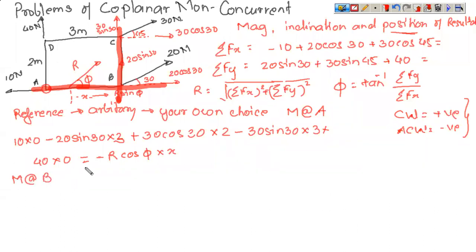So let us take moment about point B. Now 20 cos 30 lies on AB, no perpendicular distance, so 20 cos 30 is 0. 20 sin 30 also lies on BC. Again this is 0, because it is parallel and there is no perpendicular distance.